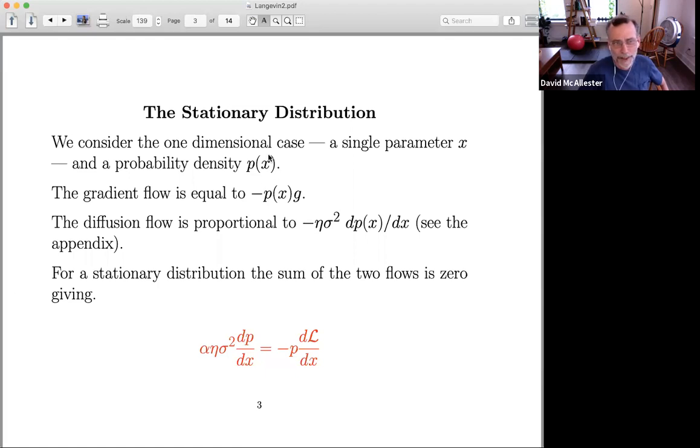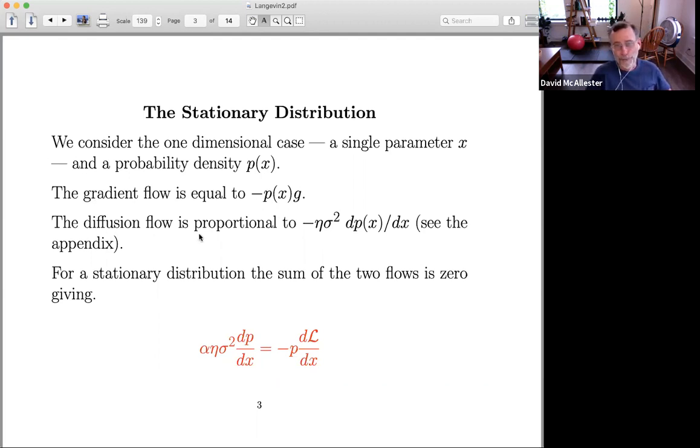So the gradient flow. We've got this continuous density P of x. The gradient flow goes down the gradient, follows the gradient. So we've got a flow that's proportional to the density at this point. The amount of mass moving from this point is just the density at that point times the gradient, which is the gradient flow direction that mass is moving. So there's a gradient flow equal to this.